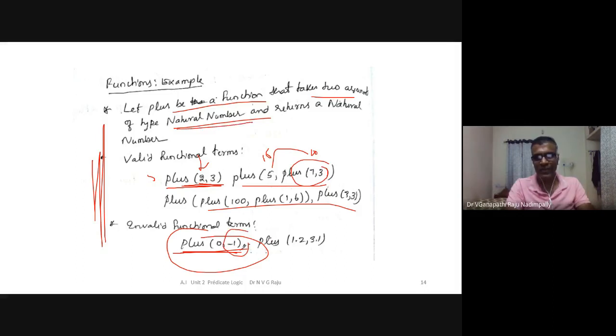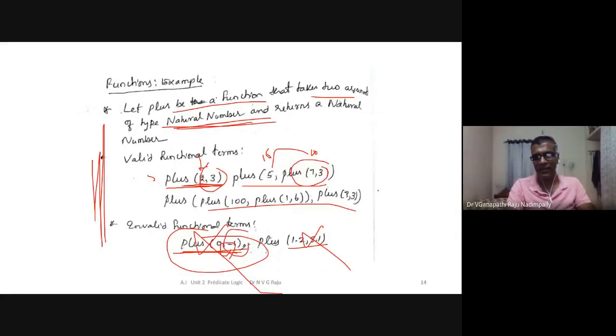I told you that my condition is that the function should take only natural numbers. Here minus 1 is not a natural number, so it is not a valid format. Here 1.2, 3.1, is it a valid function format? No, because it is not a natural number.